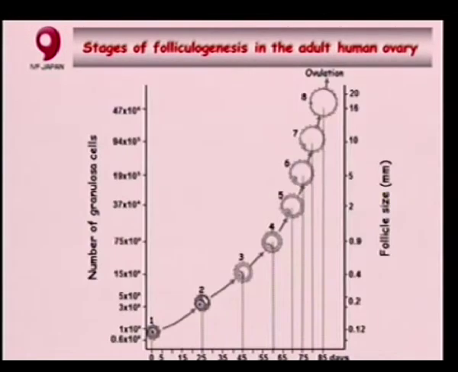For IVF we usually use a class 8 oocyte, which is said to be a mature oocyte. But for IVM we use class 6 or 7, which is said to be immature.